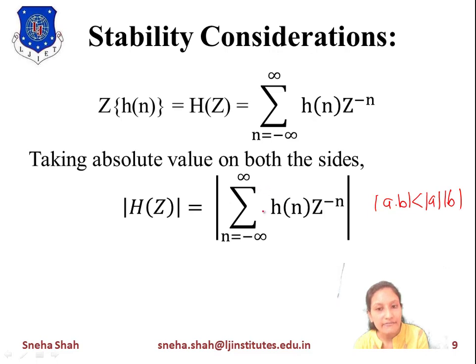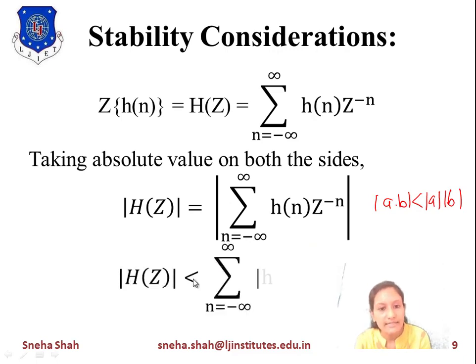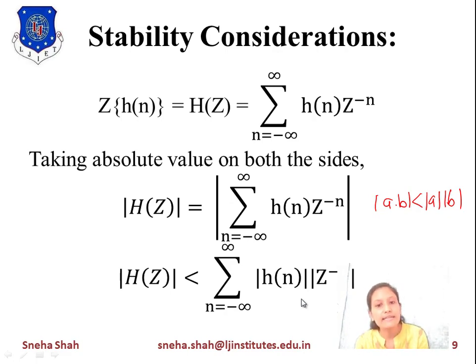It means if we represent these two parts individually, then it will always be less than it. So over here we represent it as less than, the summation stays as it is, and these two terms are individually represented in terms of absolute values. So it gives mod h of n, mod z raised to minus n.